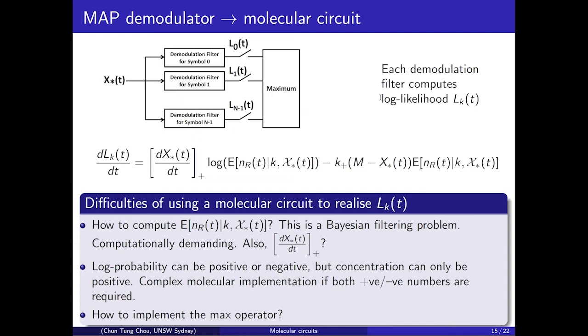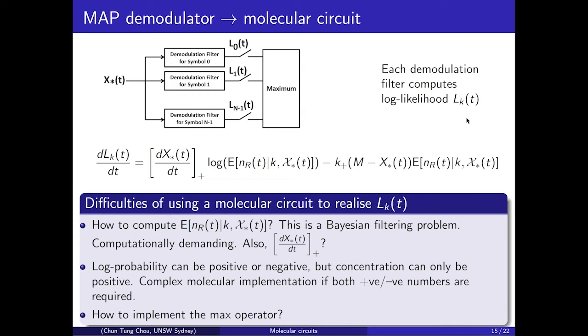They are the log likelihood of seeing the trajectory of the number of bound receptors over time, given the hypothesis that the symbol being sent is K. Once you have computed all these log likelihoods, you just choose the one that's the maximum. It's something that you have seen a lot in communications.